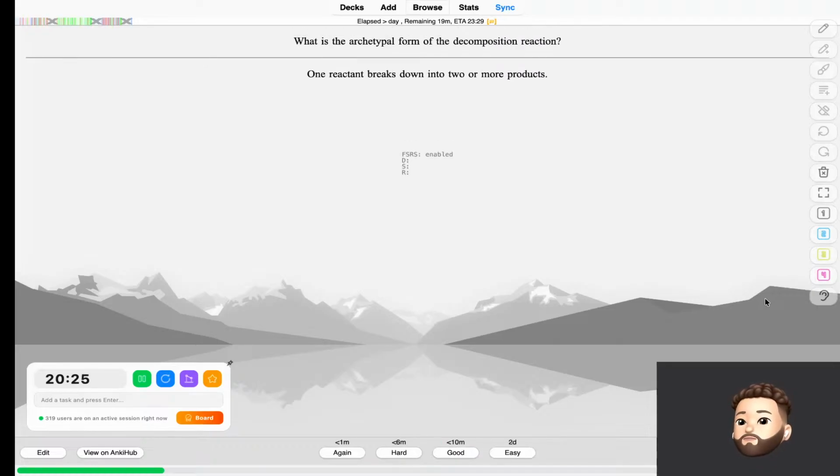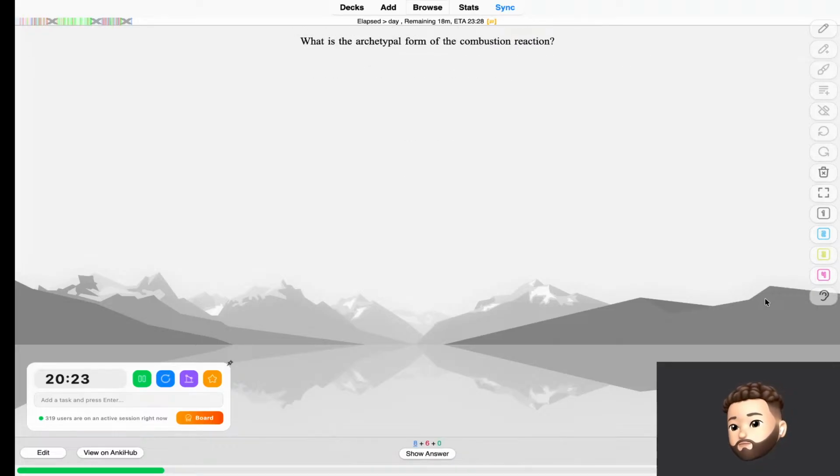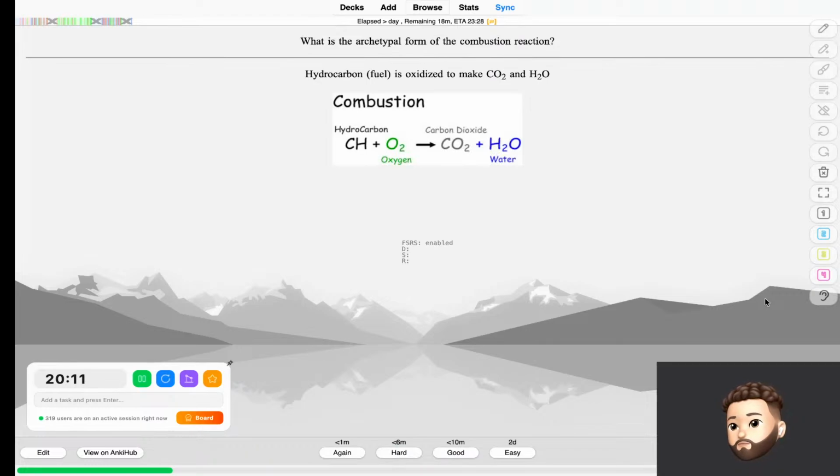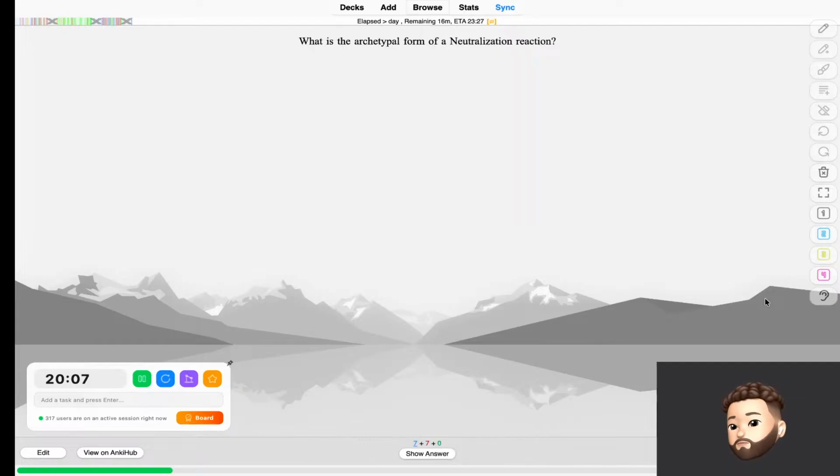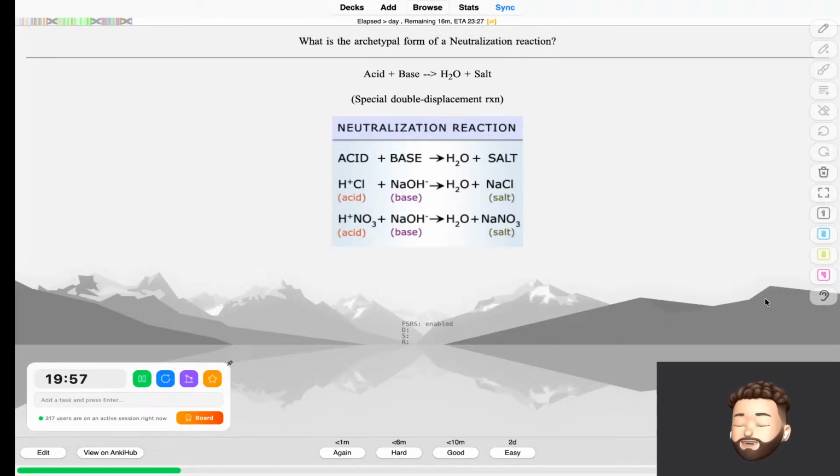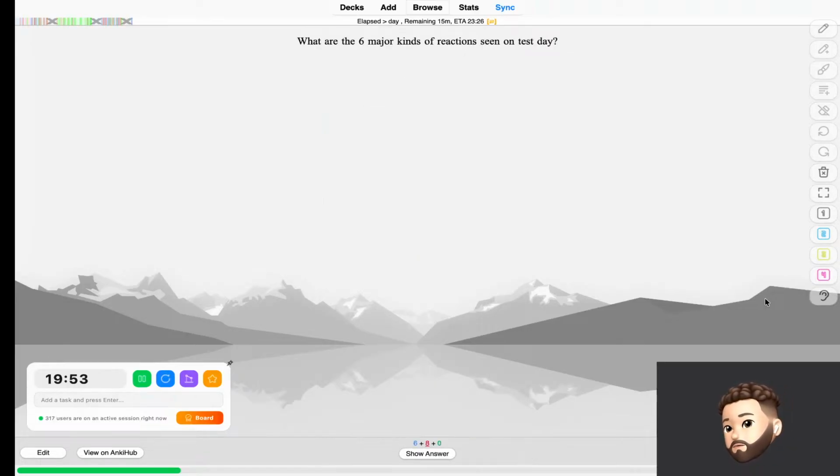One reactant to two products. Oh. Combustion reaction is a reaction between two things that results in water and carbon dioxide. Oh, hydrocarbon is oxidized. What is acid plus base is equal to water and something else? A salt. I knew that. I thought of salt and I didn't say it.